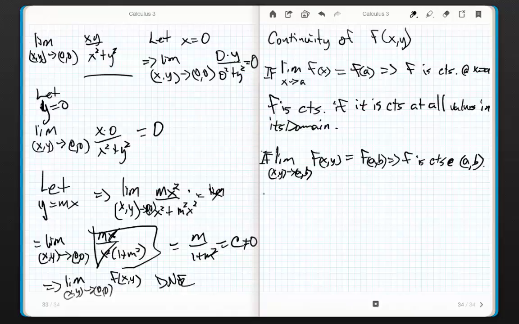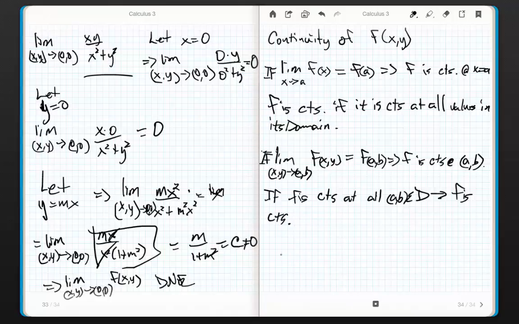Now, similarly, if f is continuous at all (a, b) in its domain, remember that domain is the (x, y)'s in the xy plane that work, that implies that f is continuous. That's it. That's continuity of a function.